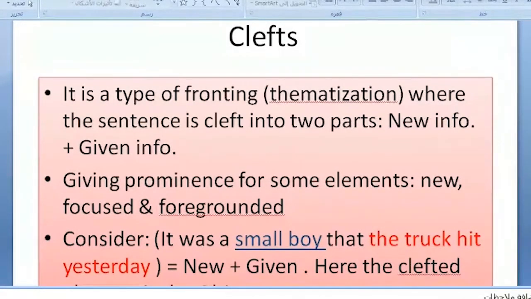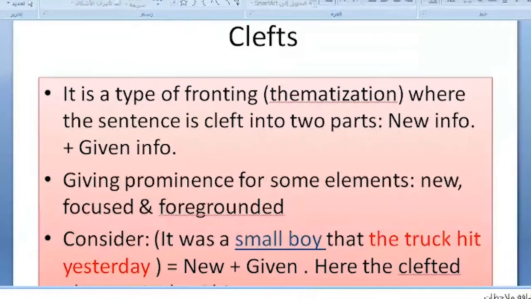Our example says, it was a small boy that the truck hit yesterday. It was a small boy that the truck hit yesterday. Now, first, let us examine the structure of the it-cleft sentence.